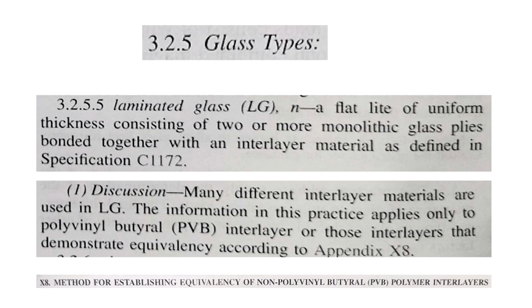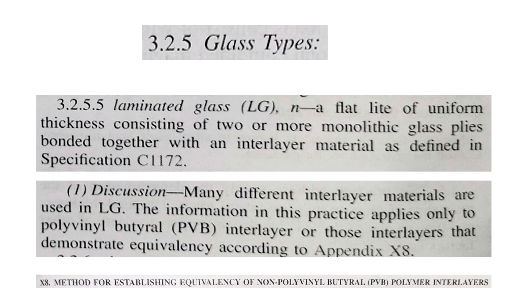Okay, discussion. Number 1, many different interlayer materials are used in laminated glass. The information in this practice applies only to polyvinyl butyral, PVB interlayer, or those interlayers that demonstrate equivalency according to Appendix X8.